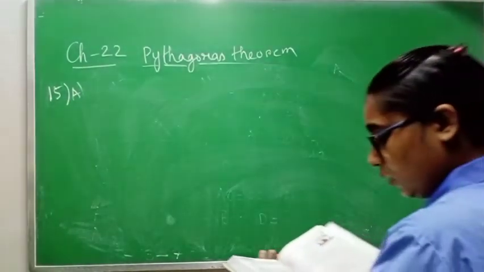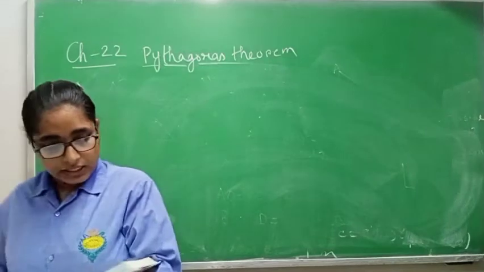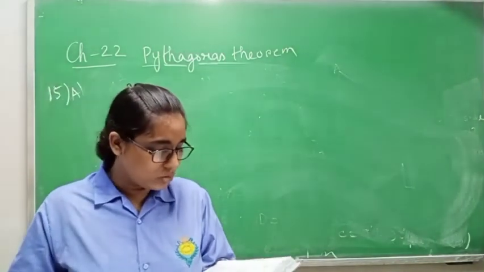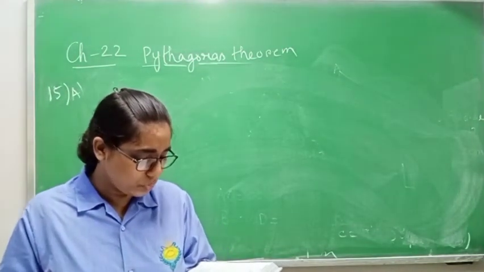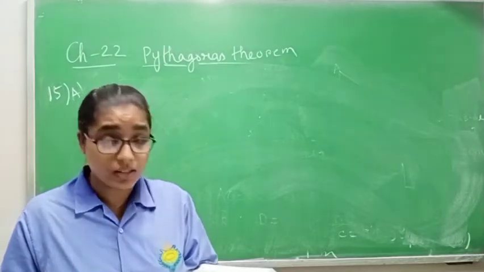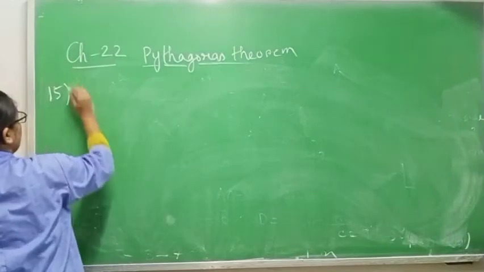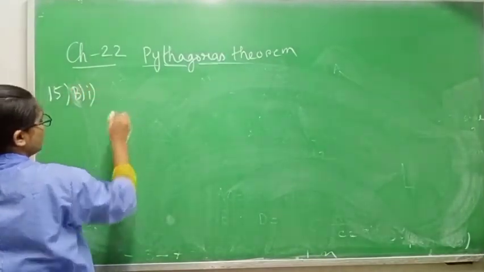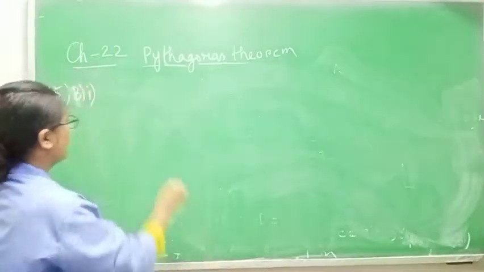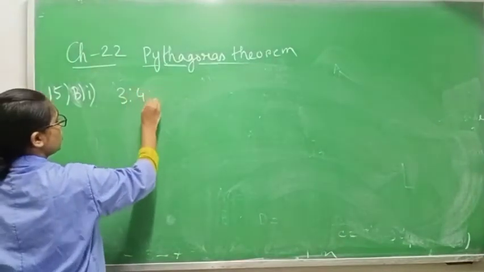Now class 10, see question number B, true and false. If the ratio of length of three sides of a triangle is 3:4:5, then the triangle will always be a right angle triangle. So ratio given 3:4:5.